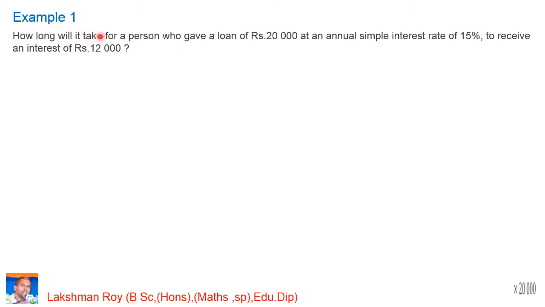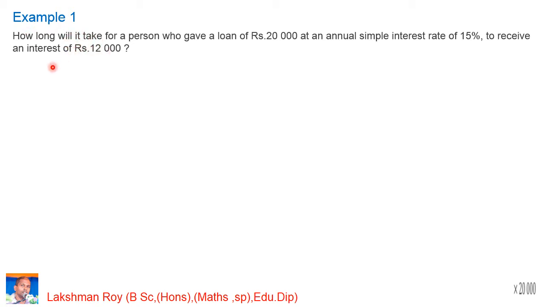period of time. The loan is 20,000, the annual interest rate is given, and the interest you receive is given. That means here you should find, to get 12,000 rupees interest, what is the period of time. So that is what I want to find.